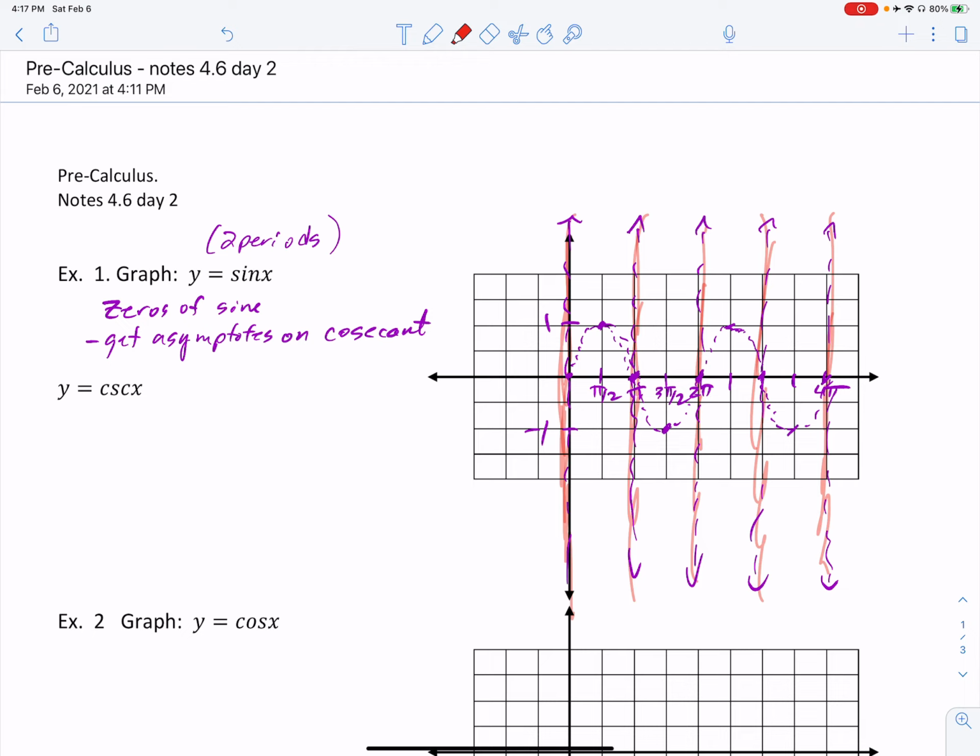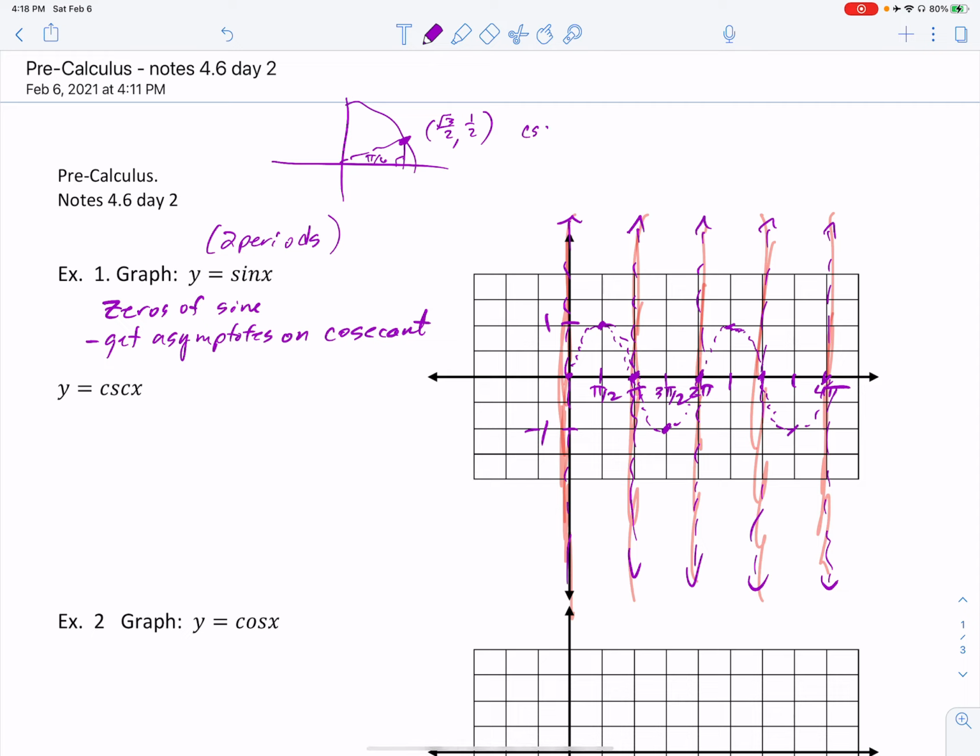And when you take y values, like say we're on the unit circle, quadrant 1, and we take where this is a pi 6 reference angle, then on the unit circle, this is to the right root 3 over 2 and up 1/2. Well, cosecant's the reciprocal of sine.